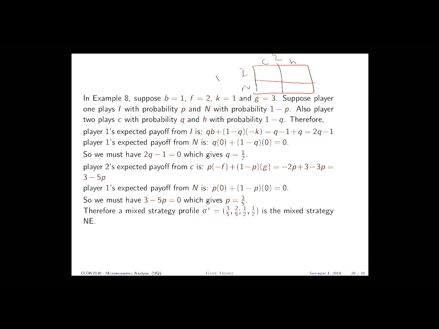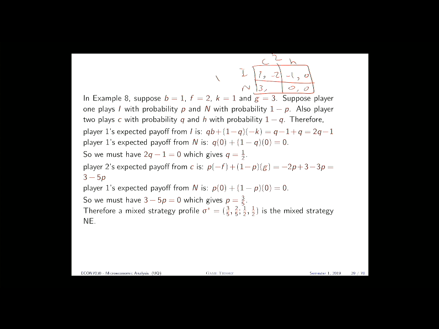Now we had inspection, cheating. B had to be greater, but anyway, let's just suppose B is 1 for the moment. 1 and minus 2, then minus 1 and 0, then 0, 0, and here we have 3 and 0.